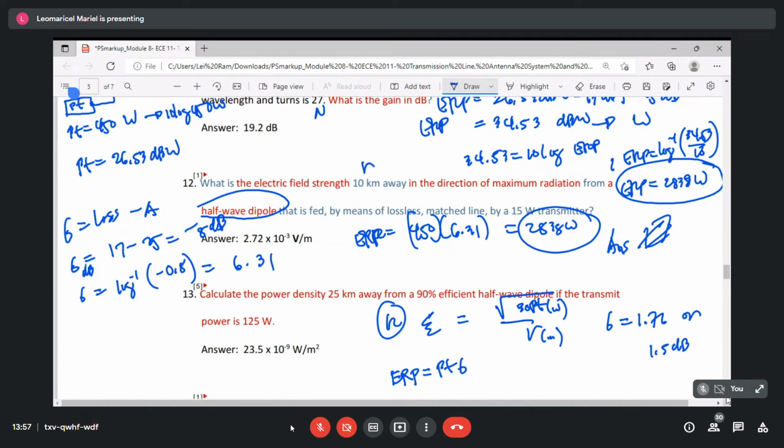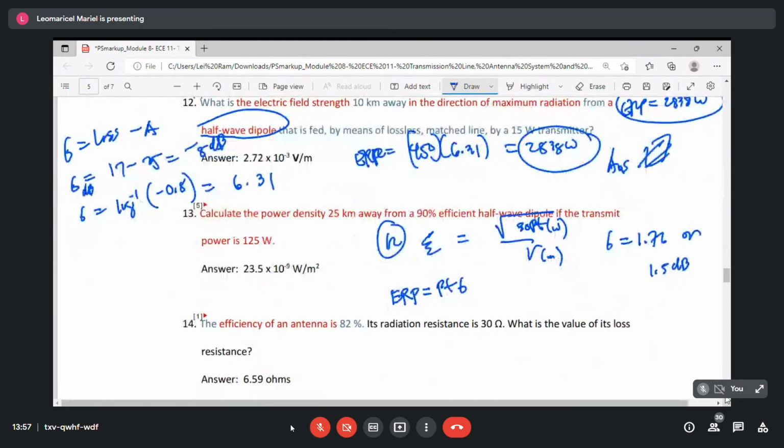Half wave dipole. Eh, binigay yung transmitter power mo na 15 watts. So, meron kang ERP doon. So, yun yung ilalagay mong PT doon. Actually, yung PT na yun, yung ERP mo. Yung PT mo na yon, i-express mo siya sa ERP, kasi hindi naman siya directly galing sa transmitter.